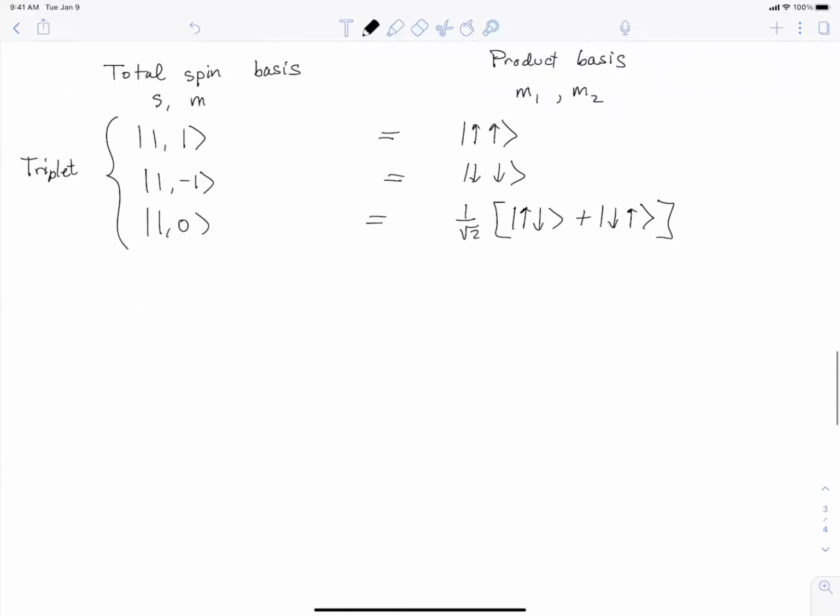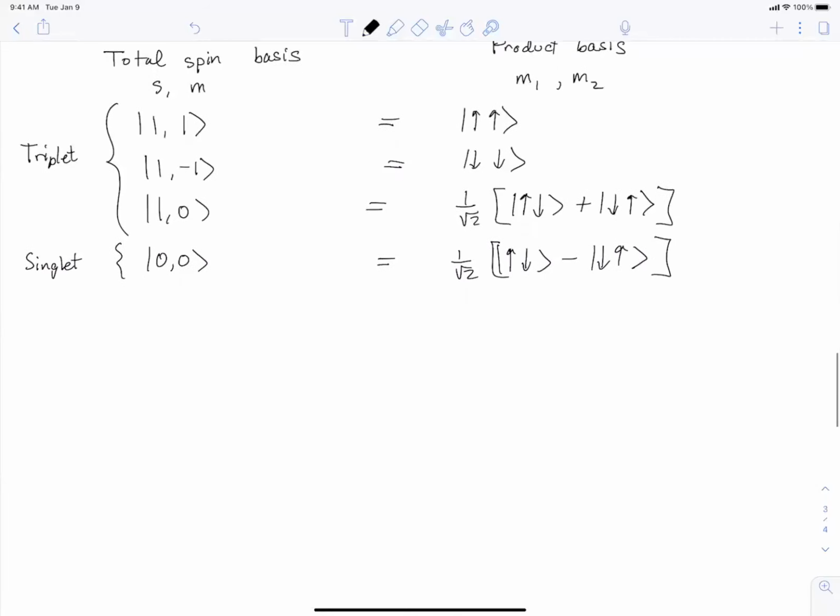And then finally, we have the 0, 0 state, which we write as 1 over root 2 up arrow, down arrow, minus down arrow, up arrow. Okay, and so that's the singlet state, the spin 0, total spin 0 state.